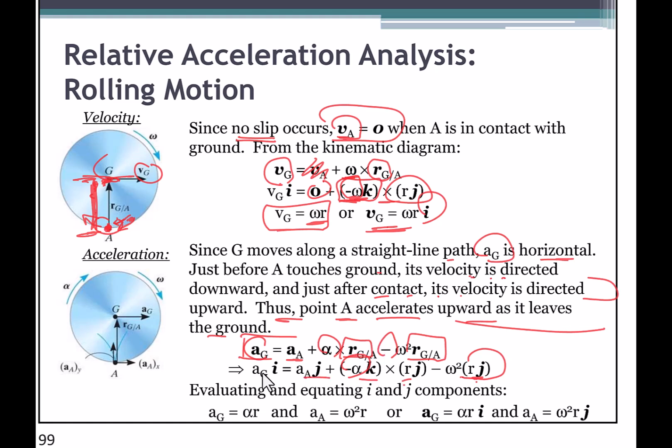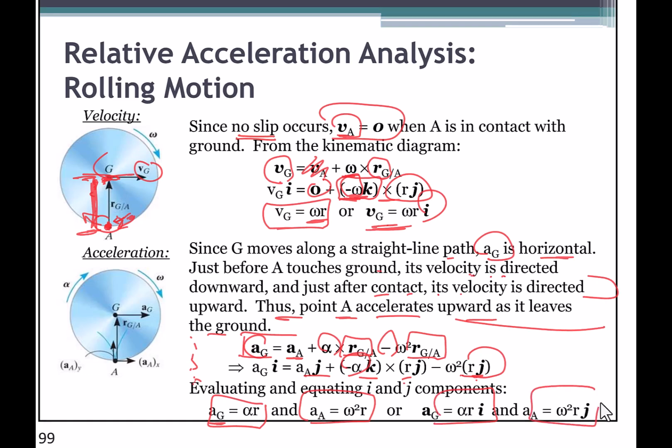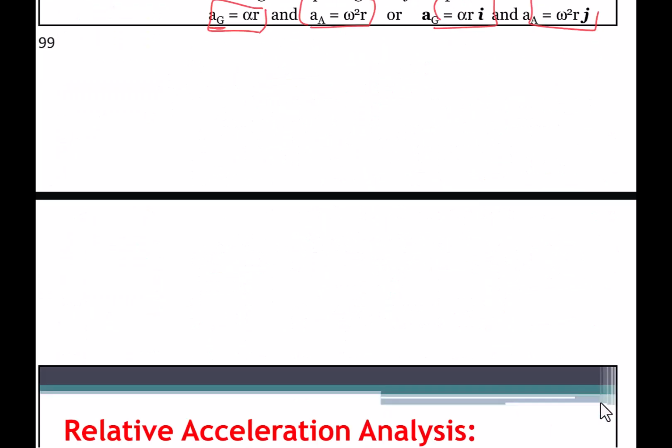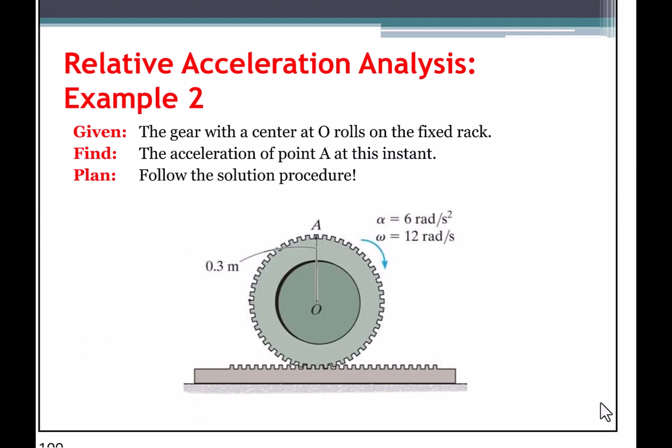So evaluating each of the i's, j's and k's, you'll have some unknowns here and here. So I have 3-4 components, 3-4 equations; see what is given and what is missing.